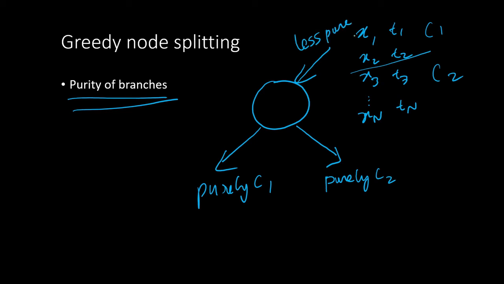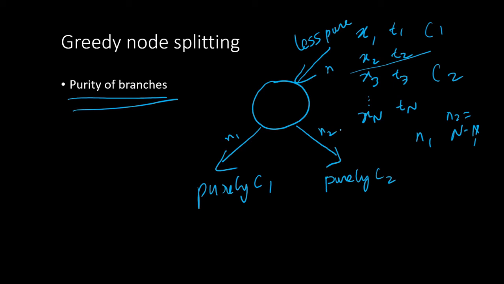All the points coming here are less pure, but when they are split, some n1 points will go to the left side and n minus n1 points, which is n2 points, will go to the other side. We would like the n1 and n2 points that are split to be pure, even though the n points may not be pure.